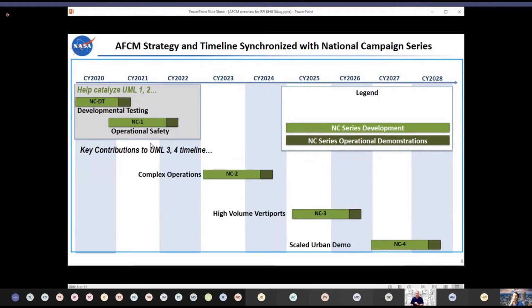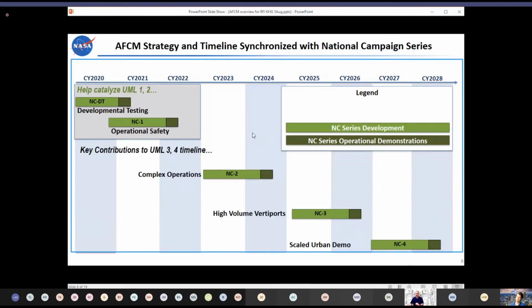So from the present through 2028, there's nominally 4 of these events scheduled. It's important to recognize that the further we go out in time, the more notional these become. We want to be able to be agile and take advantage of what we learn along the way. So these later events certainly aren't cut in stone.